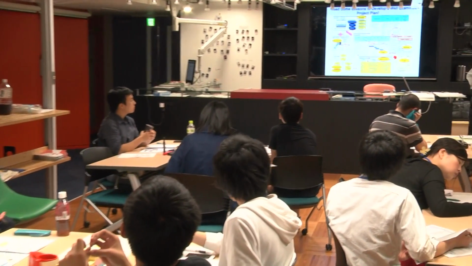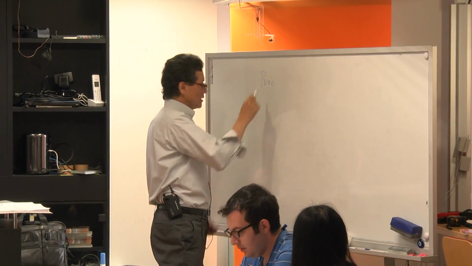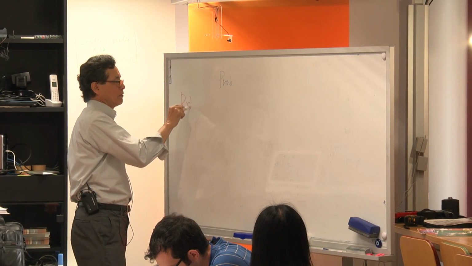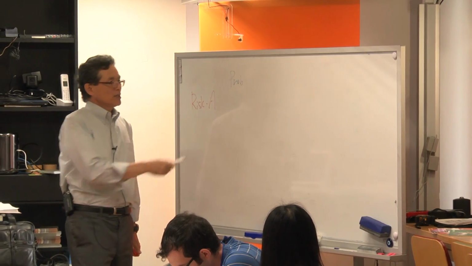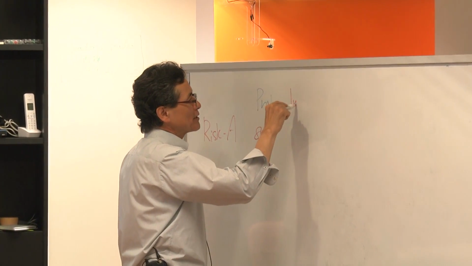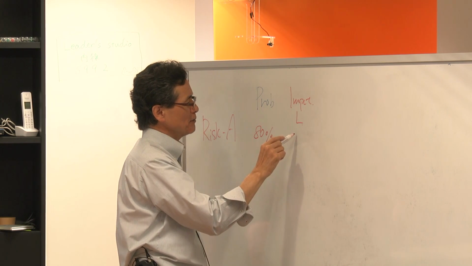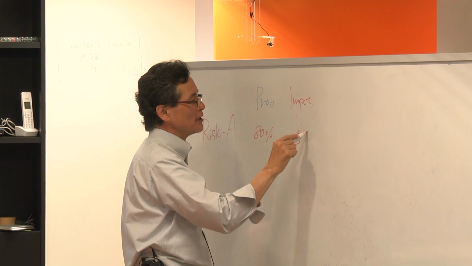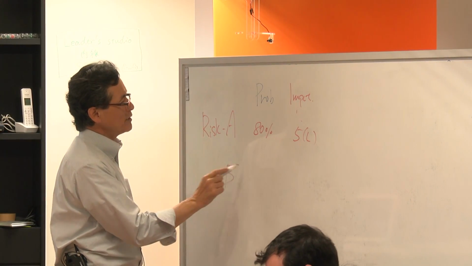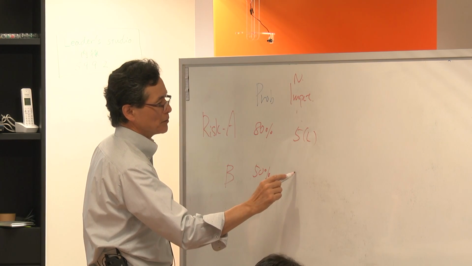So the way is 3 parameters. For example, risk A, probability 80, impact, let's say large, let's give 0.5 for large. Risk B, probability 50, negative impact level 2.